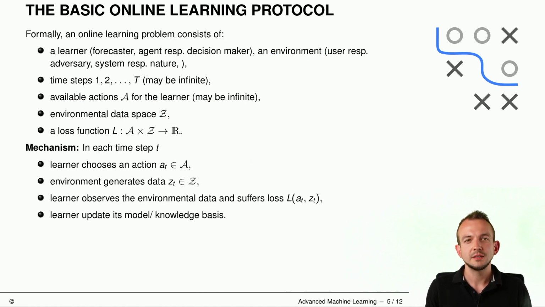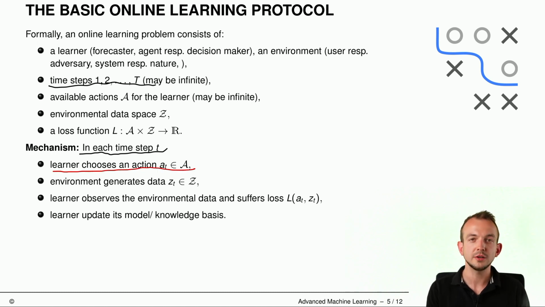And we have the following mechanism. So it's a loop, looping over these discrete time steps we have here. So let's assume we are in iteration number T, or time step T. And then what we have is the following mechanism. First, the learner is choosing an action from all the available actions. In order to emphasize that the action is taken in time step T, we will have here the subscript T at the action A_T.